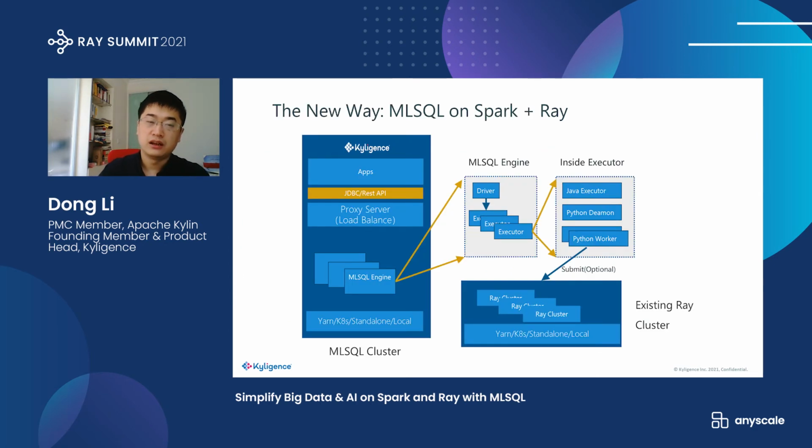And so MLSQL provides a new way as a third option, at the engine level behind the MLSQL language. We built a fusion architecture to combine Spark and Ray together. Let's look at the architecture diagram. Firstly, we run the MLSQL engine nodes on Yarn or Kubernetes and so on. Because the MLSQL engine is implemented based on Spark, we connect each Spark executor with Ray to submit jobs and exchange data.